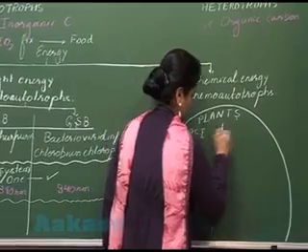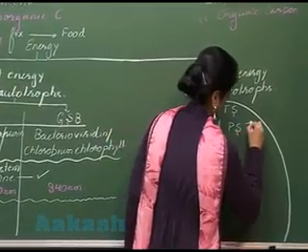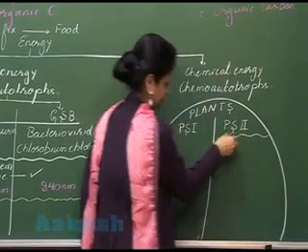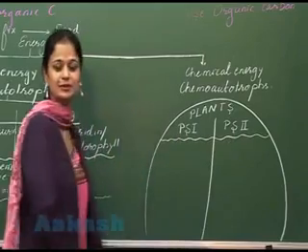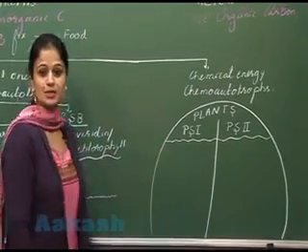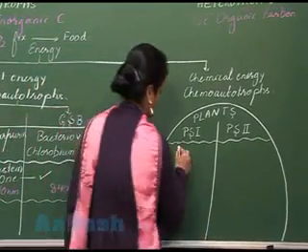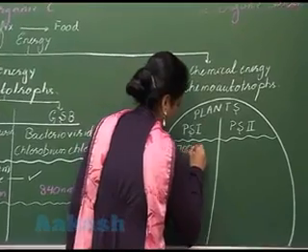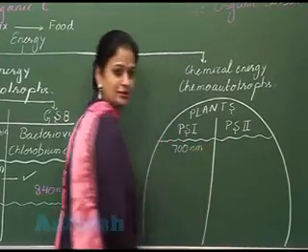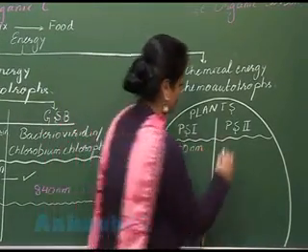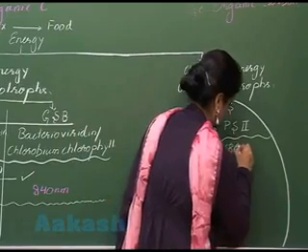So photosystem 1, photosystem 2. This is how you represent it. Now photosystem 1 is activated by absorbing the wavelength of light of 700 nanometer, and photosystem 2 by 680 nanometer.